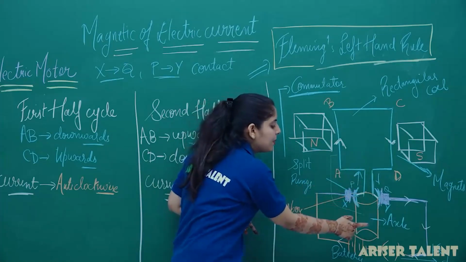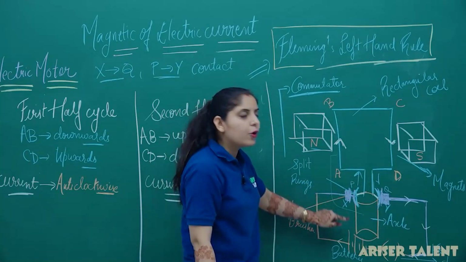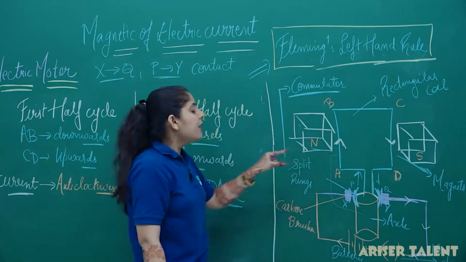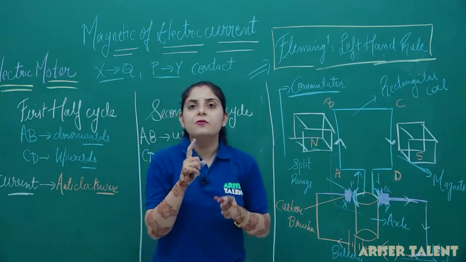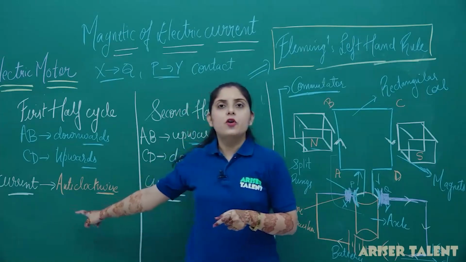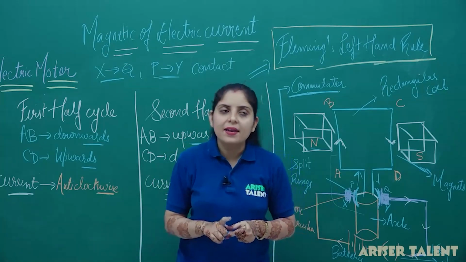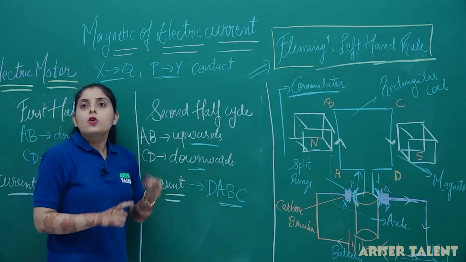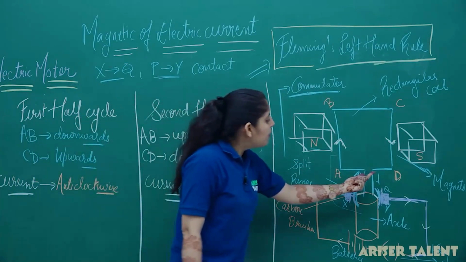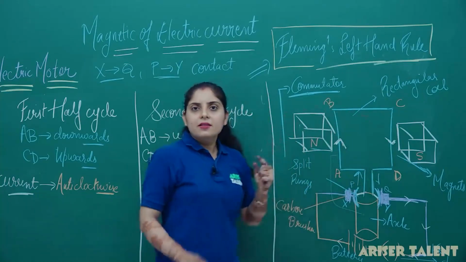This rectangular coil ABCD and this axle, because they are making contact with each other. They are mounted together and rotate in the system. In the first case, the direction of the current will be anti-clockwise, and in the second case, we are getting the current in the clockwise direction. So the direction of the current will be DABC in this system.